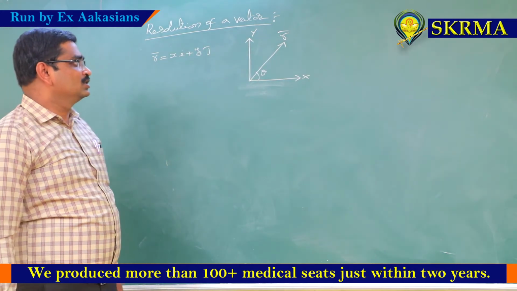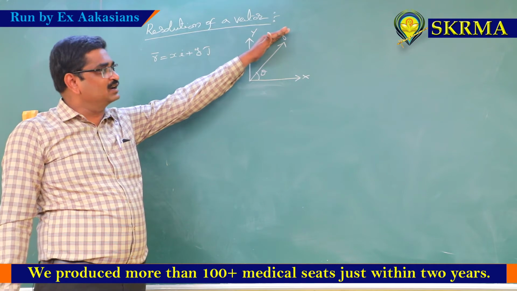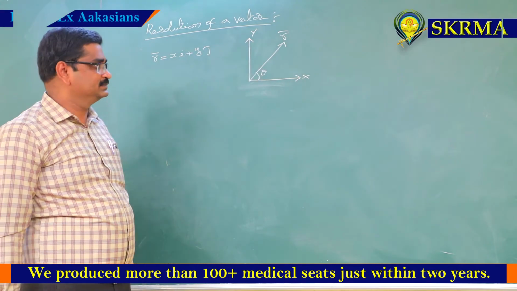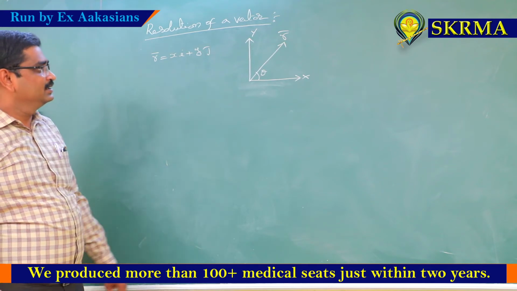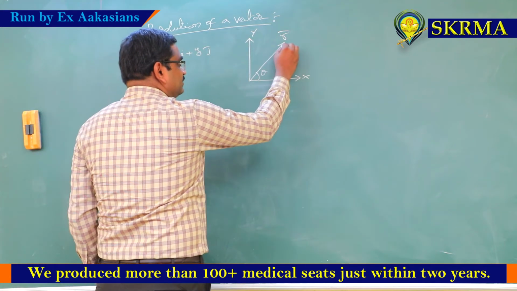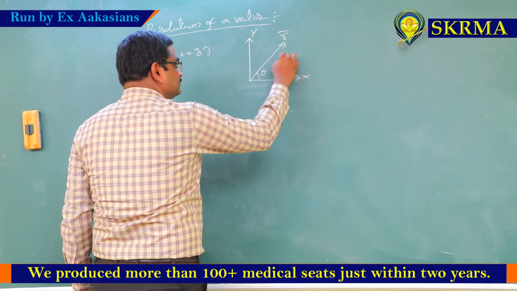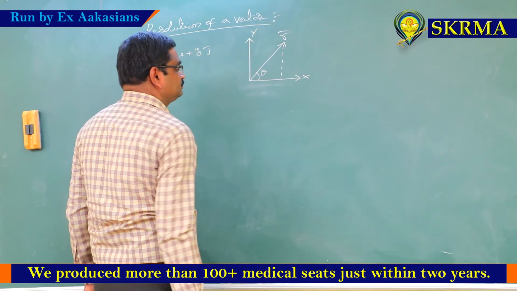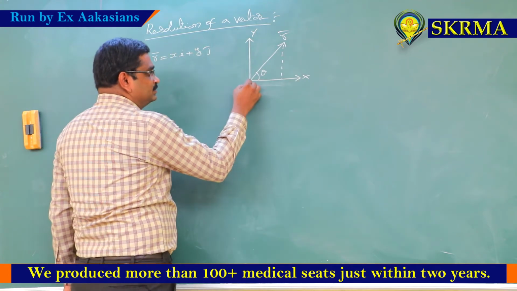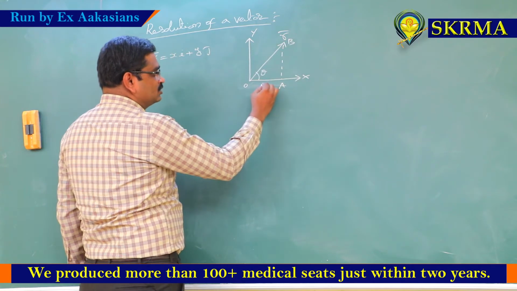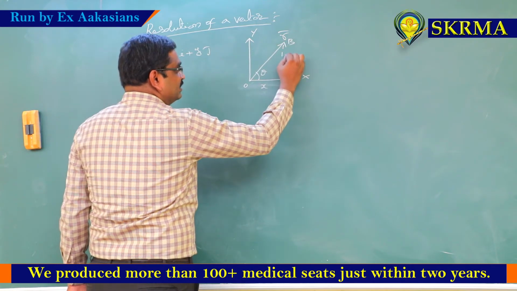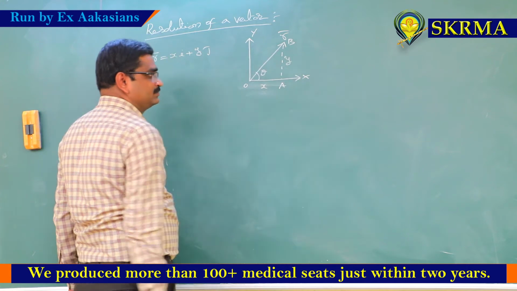Now, what is the component of this vector r bar along the x axis? For this, we can simply complete this triangle, let it be OAB. So OA length is x, AB length is y.